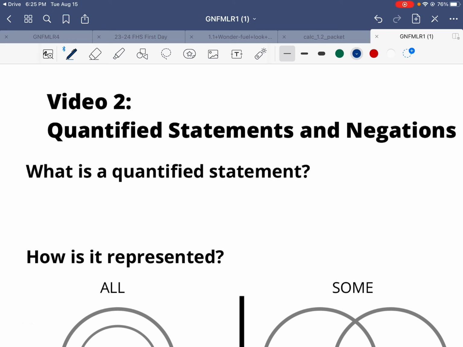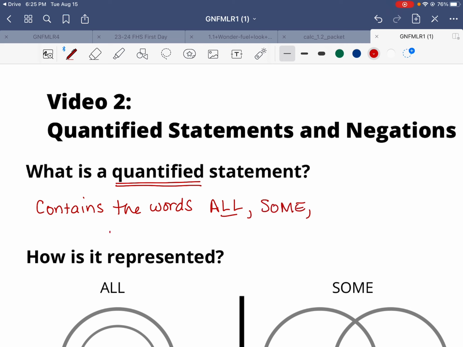So with a quantified statement, this is something that requires specific words, okay? Specific words, and those words have a value. So we're going to say it contains the words all, some, no, or none.